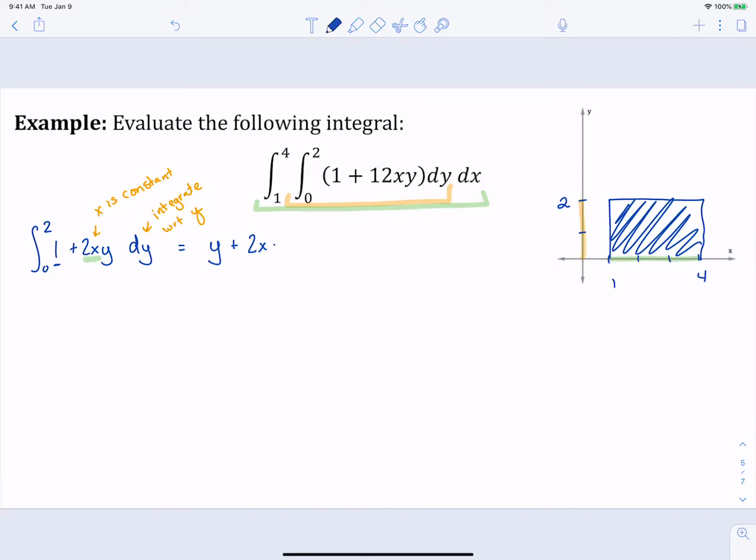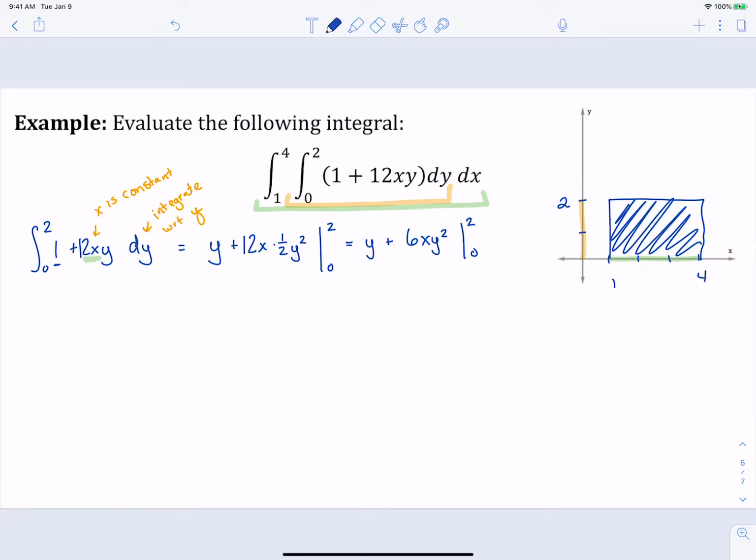And then we're going to integrate y, which is going to give us 1/2 y squared, like we're used to, and that should be a 1/2 and not a 2. Sorry about that. This is a definite integral, so we're going to plug in 0 and 2. Simplifying just a little bit to make it look nice, we've got y plus 6xy squared from 0 to 2.